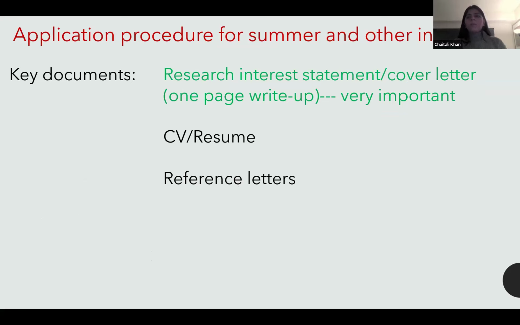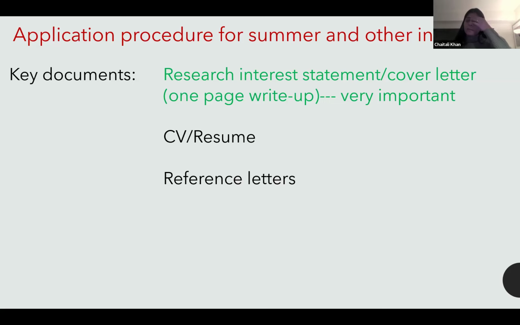So what does the application procedure involve, and if I'm screening applications, what am I really looking for in a student's application material? Whether it's a PI or postdoc or whoever is looking at the application, we look for your research interest statement or the cover letter, which is around a 1-page write-up you submit.